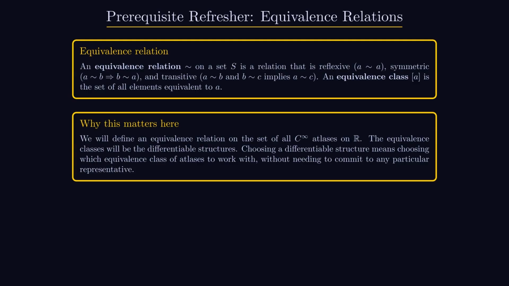Specifying a differentiable structure means choosing an equivalence class. This means declaring which collection of atlases we regard as defining the same smooth calculus without committing to any single representative atlas. To define that relation precisely, we first need the formal definitions of chart and atlas.